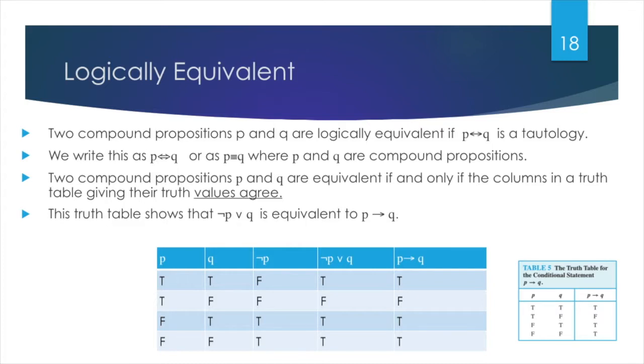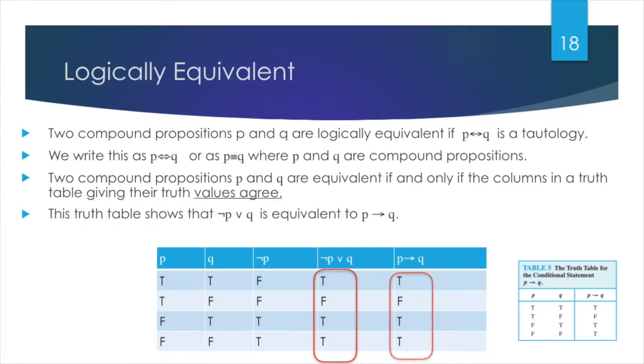Now look to the columns where we have not P or Q, and P then Q. You will find that their truth table values match. So, both statements, we can conclude, are logically equivalent by studying the values in the truth table.